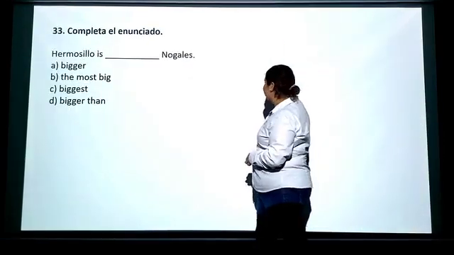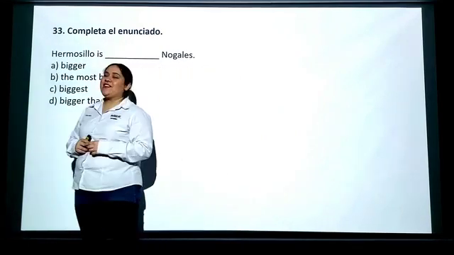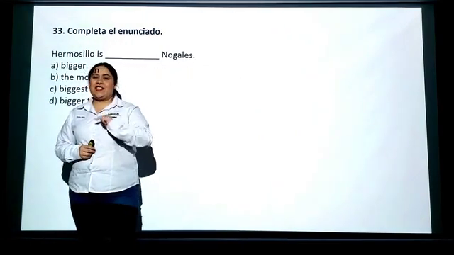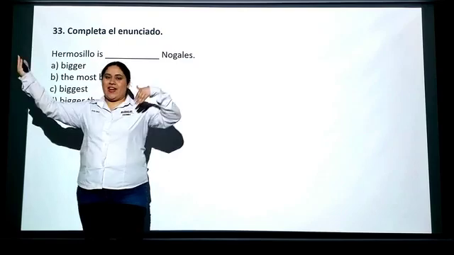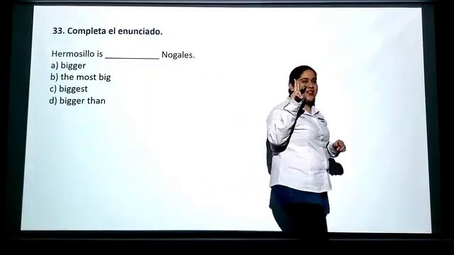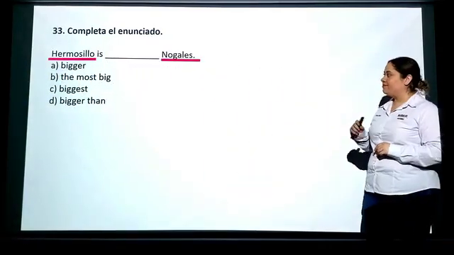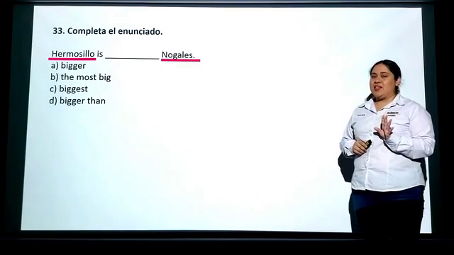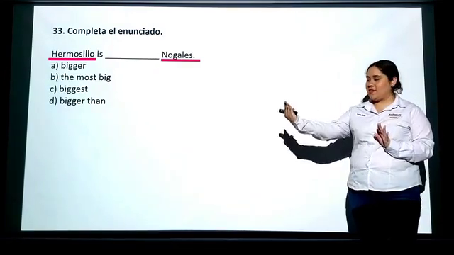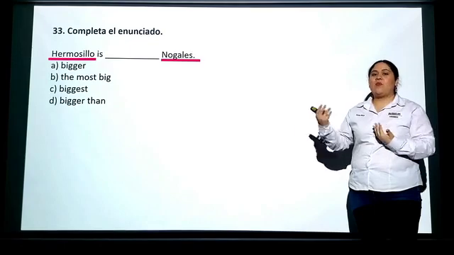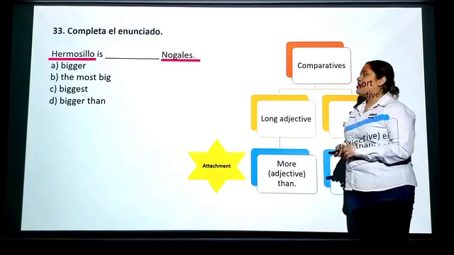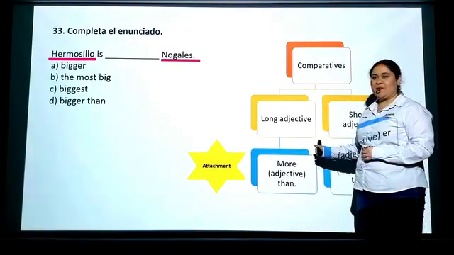33. Okay, so you saw here, Hermosillo is Nogales. This sentence has Hermosillo and Nogales, right? Two things that are very important. Now, if we consider that we have one thing here and the other one here, we are making a comparison. So we have the comparatives here.